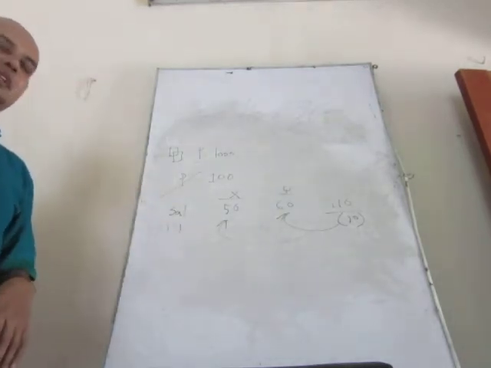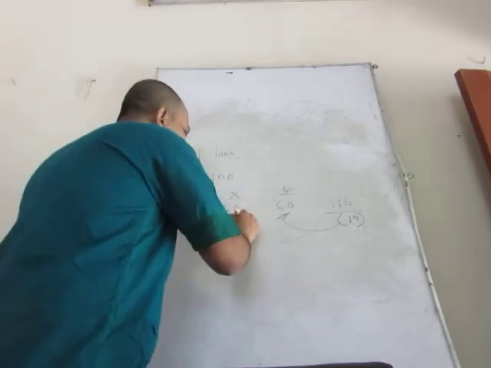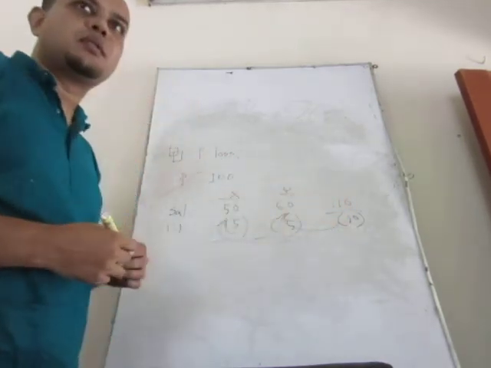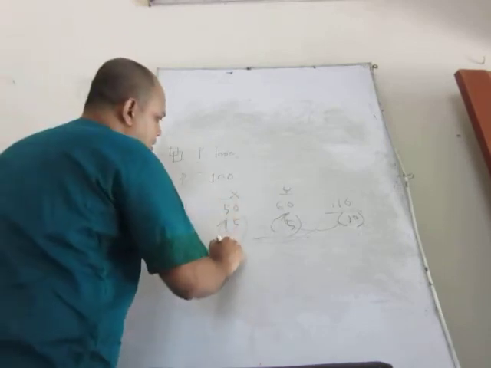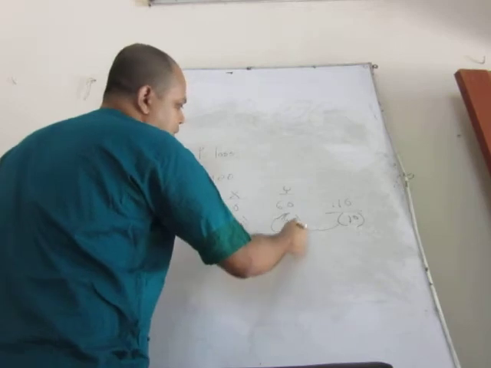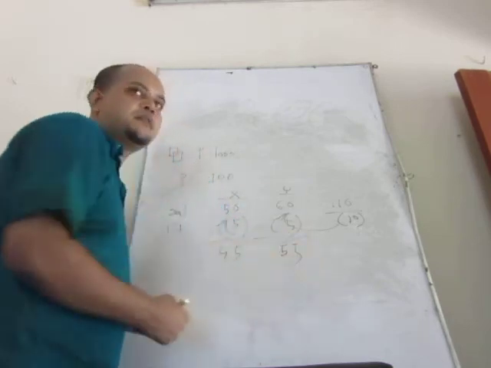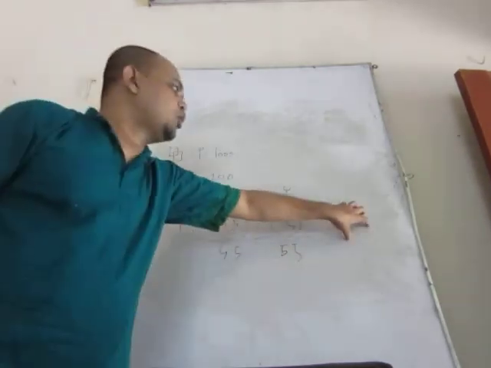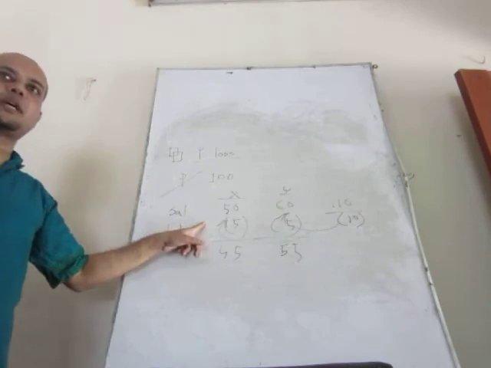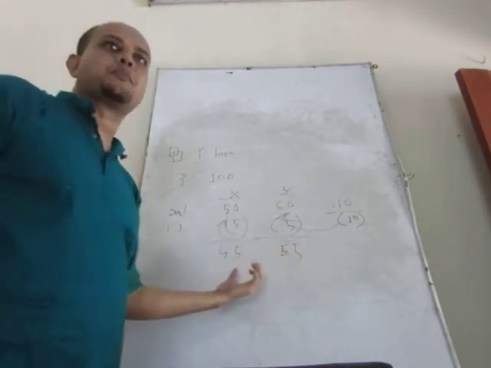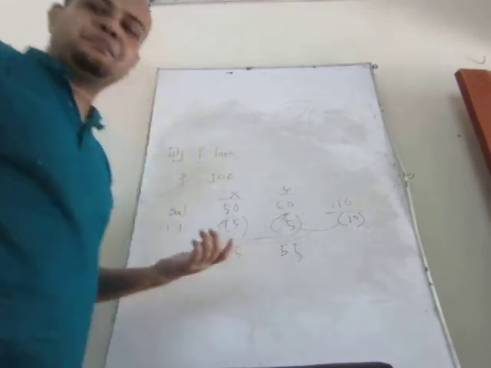So this $10 is $5 here and $5 here, but this is loss. That means at the end of the day, X will be provided $45 and Y will be provided $55 as a whole total. Clear? So loss will be distributed in this way. After distributing the loss, you can have the total apportioned profit. Clear?